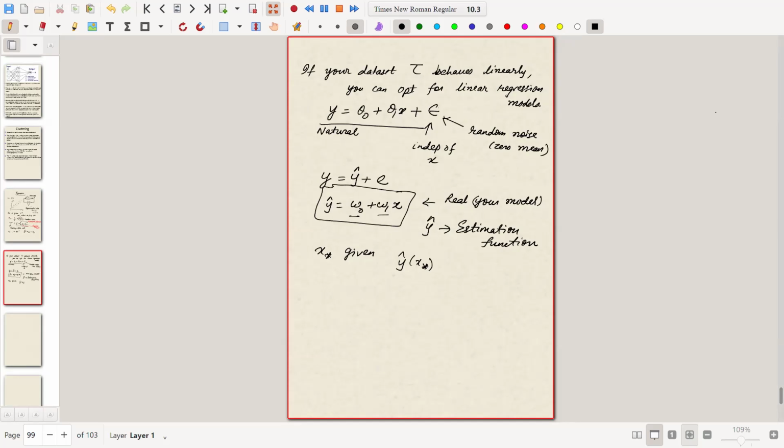Given a set of data points which are linearly related, and you are trying to fit a linear estimation function, that is y hat, which I have written as w0 plus w1 x, our next job, in order to fit, is to find the values of w0 and w1. You understood what is our job?